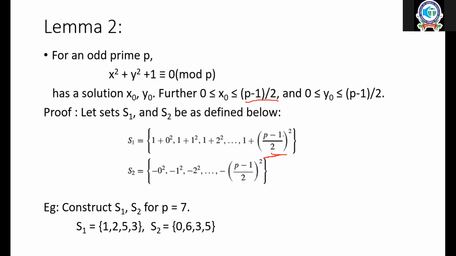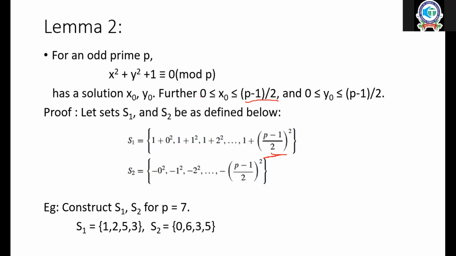So all y belonging to Z such that there exists x in Z with y equal to 3x. That is called set builder form. So can somebody tell me S1 in set builder form? S1 is equal to 1 plus x square such that x belongs to 0, 1, 2, up to p minus 1 by 2.